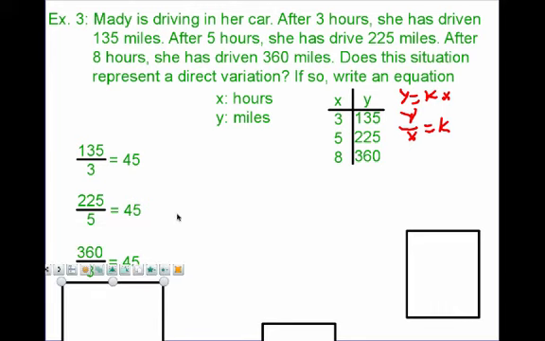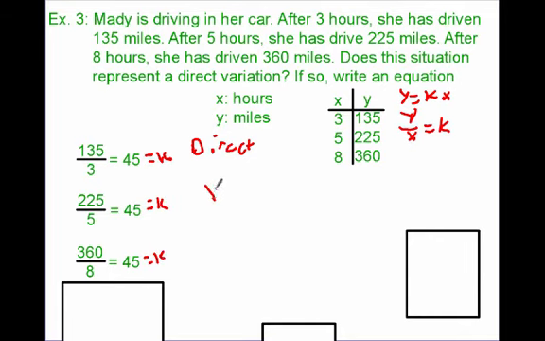And 360 divided by 8 is 45. So yes, these are direct. This number here, that's k. 45 is my k. So my equation is simply y equals 45x, where y is the number of miles and x is the number of hours.